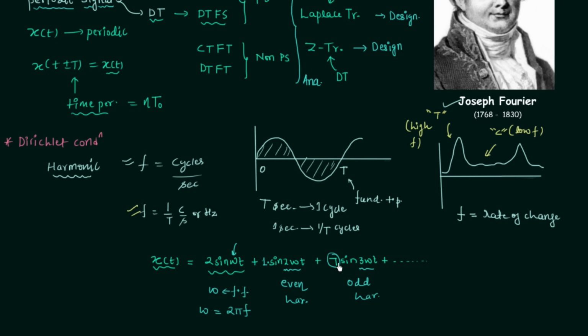For example, here we got the information that the third harmonic is more dominant as compared to the second harmonic. So we want this form or this expansion of this signal, and we can use the Fourier series expansion for the same. But Fourier series expansion is only for the periodic signals.